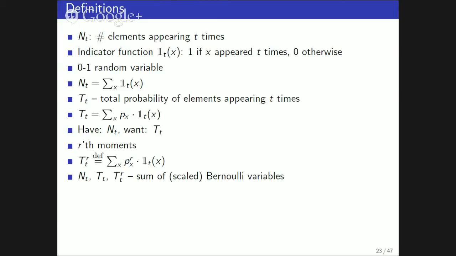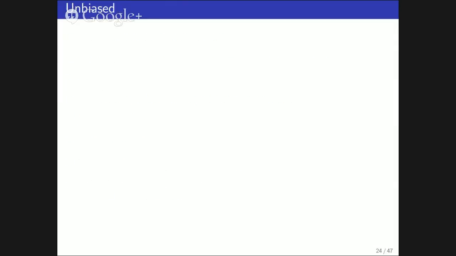And so it's very simple. The other thing is that because we're looking at Poisson, each of those terms in the sum is independent, because if x appeared 5 times, it does not affect the probability that y will appear 5 times. So it's a very simple case. So let's show that the Good-Turing estimator is unbiased.